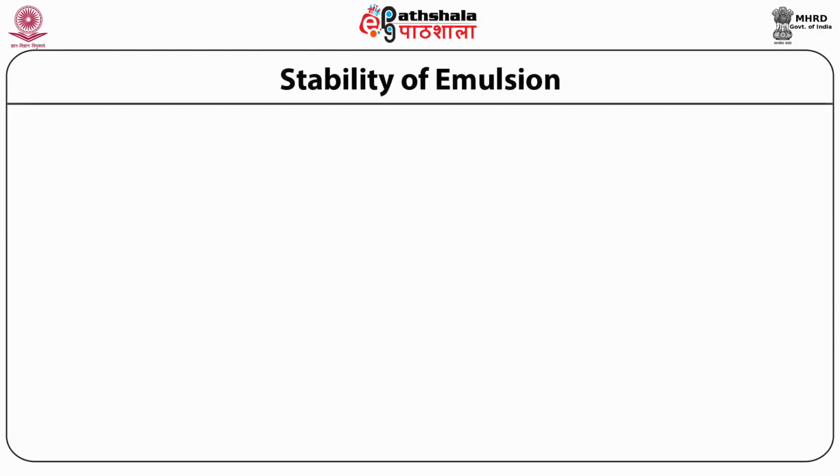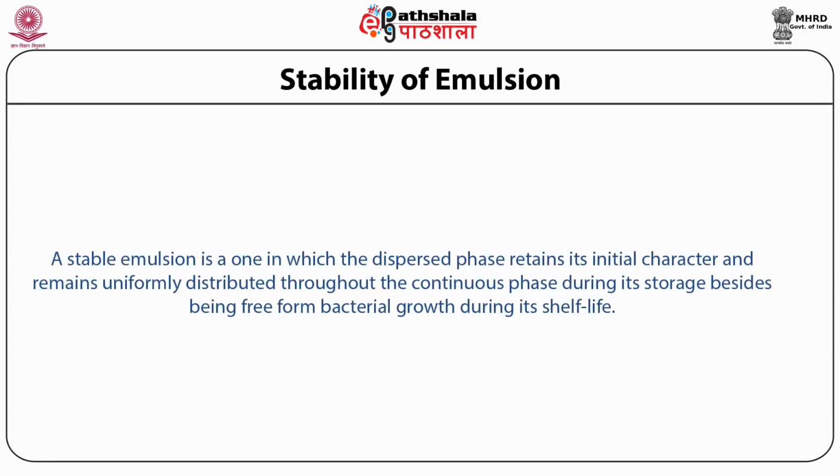In this slide, we are going to talk about the stability of emulsions. A stable emulsion is the one in which the dispersed phase retains its initial character and remains uniformly distributed throughout the continuous phase during its storage, besides being free from bacterial growth during its shelf life.